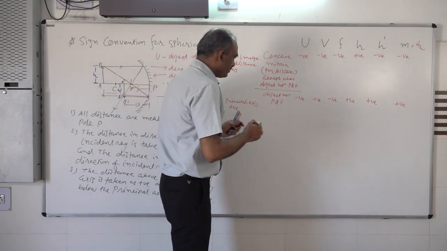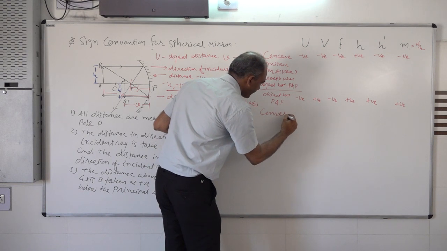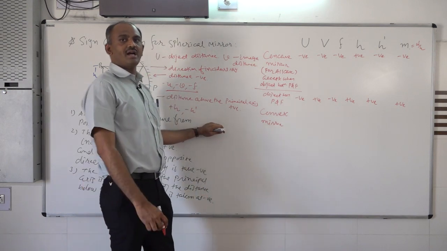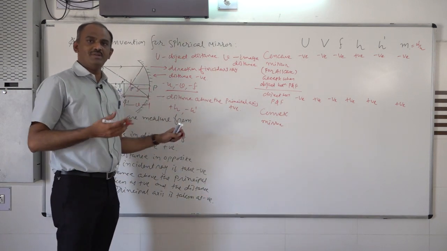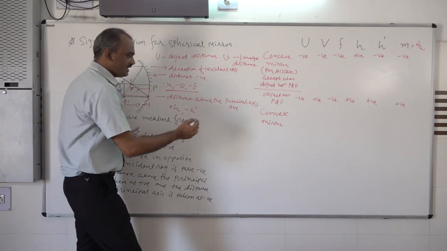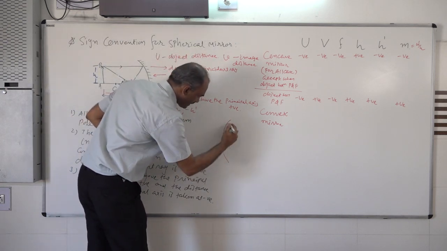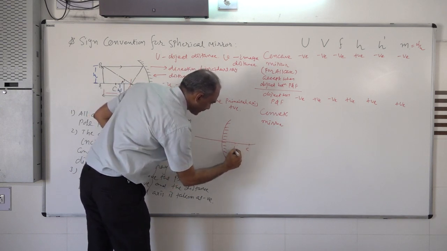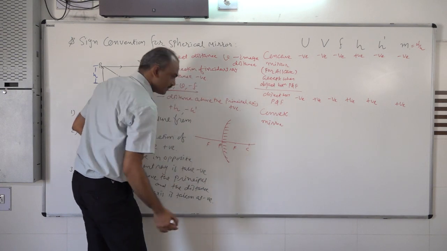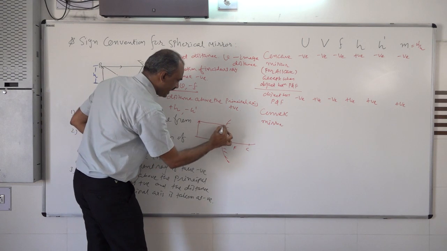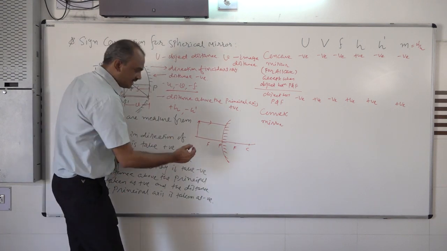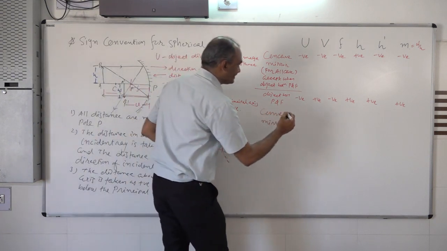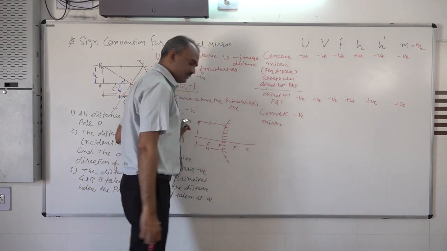Okay. Now for the convex mirror we are considering. Convex mirror में भी always object कहाँ पे होगा? जैसे ये हम ले लेते हैं, ऑब्जेक्ट यहाँ पे होगा तो this is the direction of incidence ray, तो ऑब्जेक्ट डिस्टेंस यहाँ से मेजर होगा u, तो वो तो नेगेटिव ही रहेगा, so object distance remains negative.